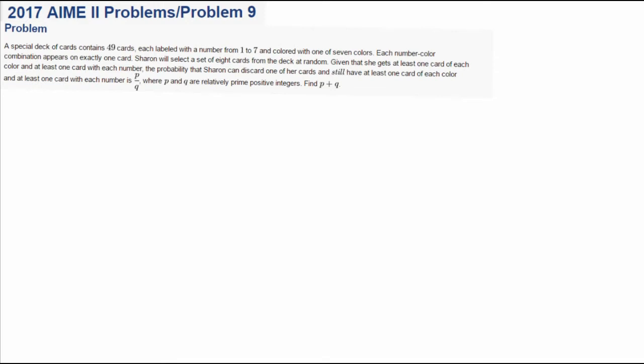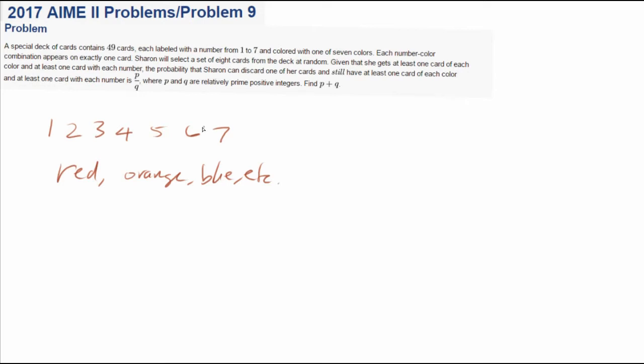So the first thing we notice is that she gets at least one card of each color and one card of each number. So obviously in her hand she has to have the numbers 1, 2, 3, 4, 5, 6, 7, and with these 7 numbers, she also has to have 7 different colors, like red, orange, blue, etc. But since she chose 8 cards, she has to have an extra number.